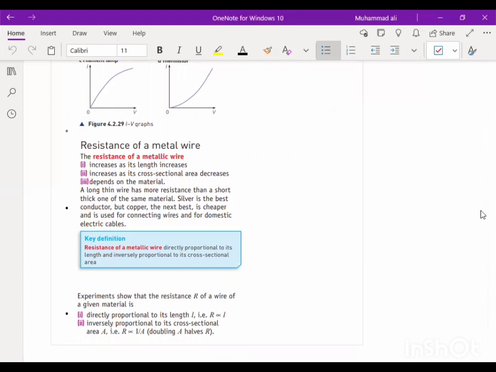And another thing we need to know about is our resistors, which we discussed yesterday: the variable resistor, which is also called a rheostat, and the fixed resistor as well. So now we're going to continue from there.